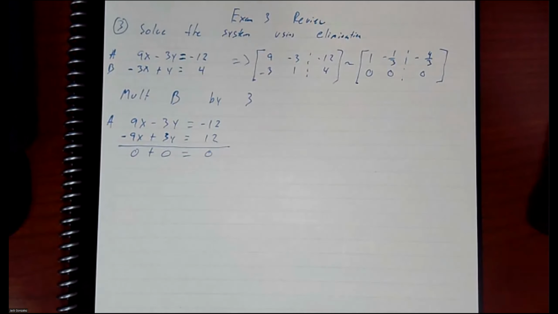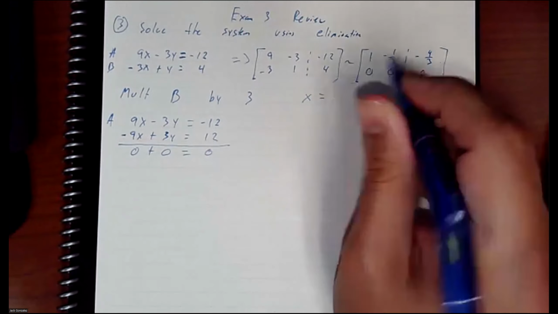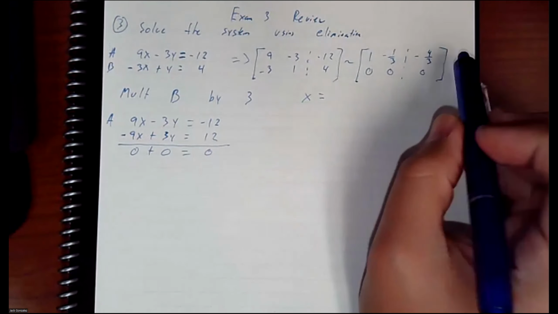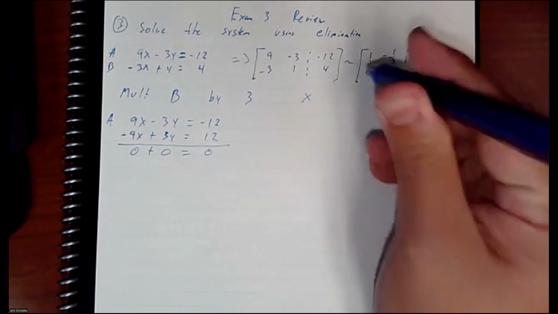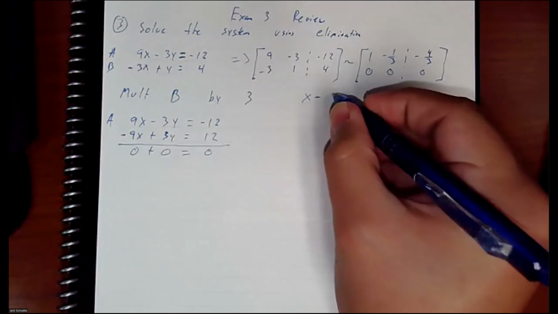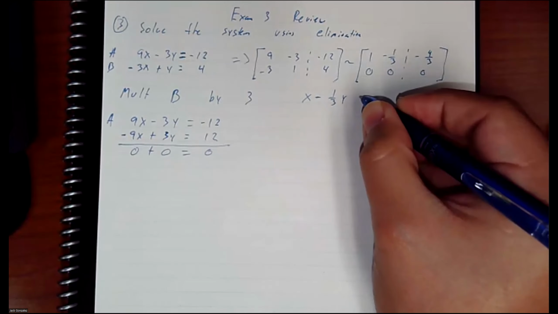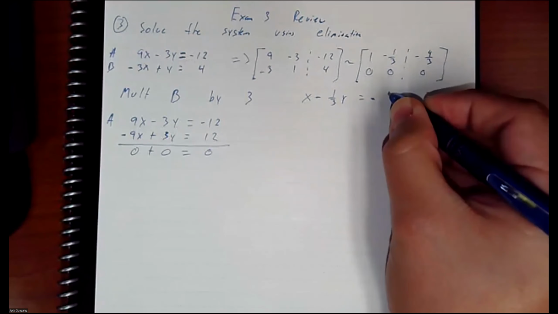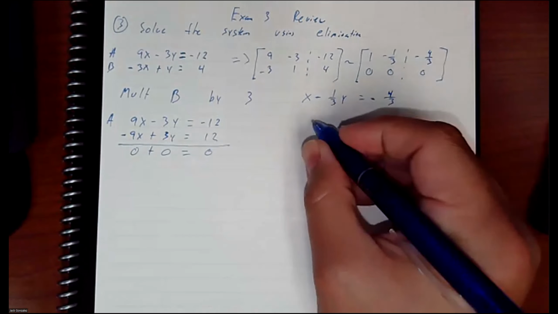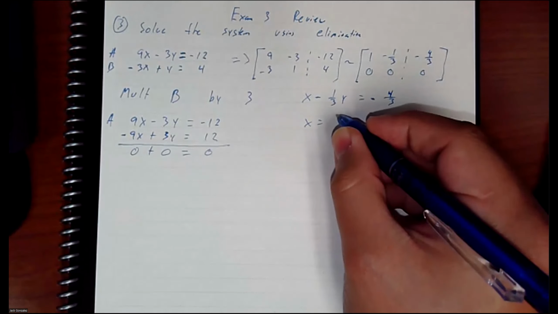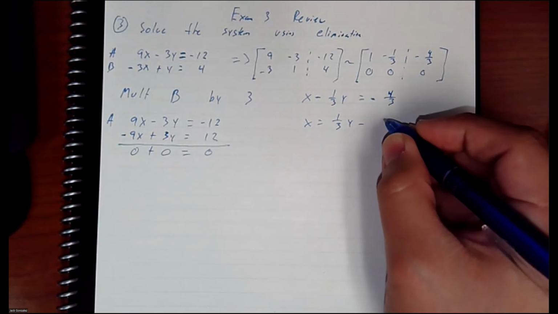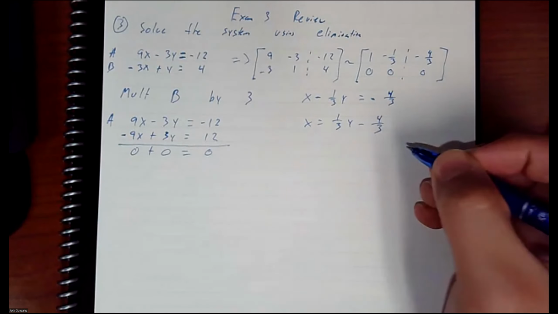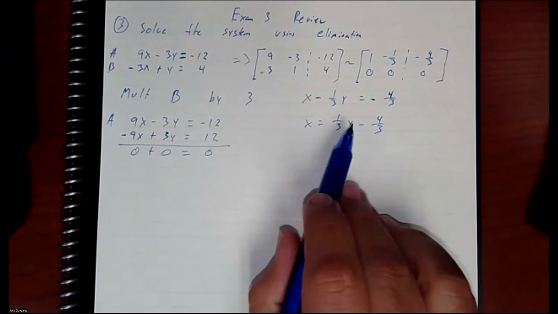Okay, so that means that x is equal to, well, I guess maybe it's easier to see it this way. Change this to an equation first. This is x minus 1/3 y equal to negative 4/3. So x is equal to 1/3 y minus 4/3. You see how x is in terms of the y?